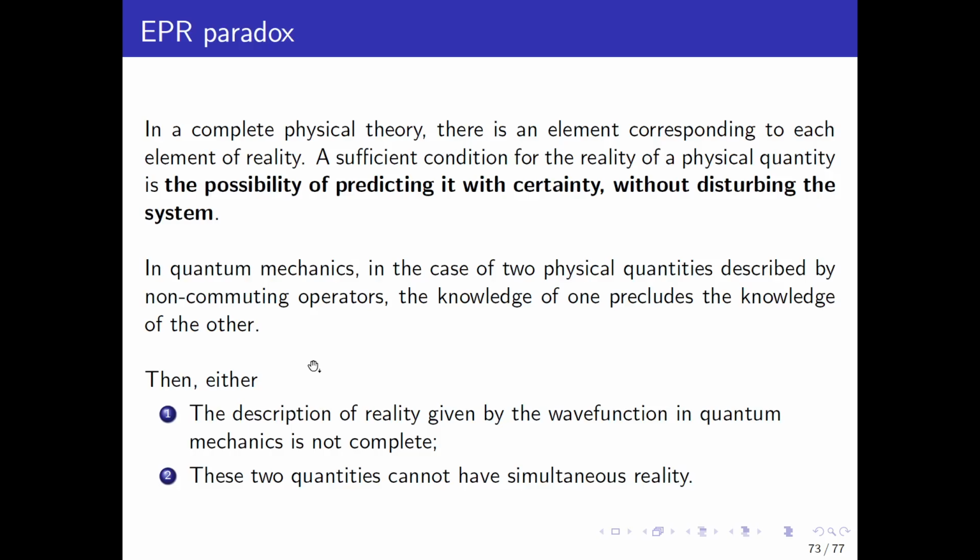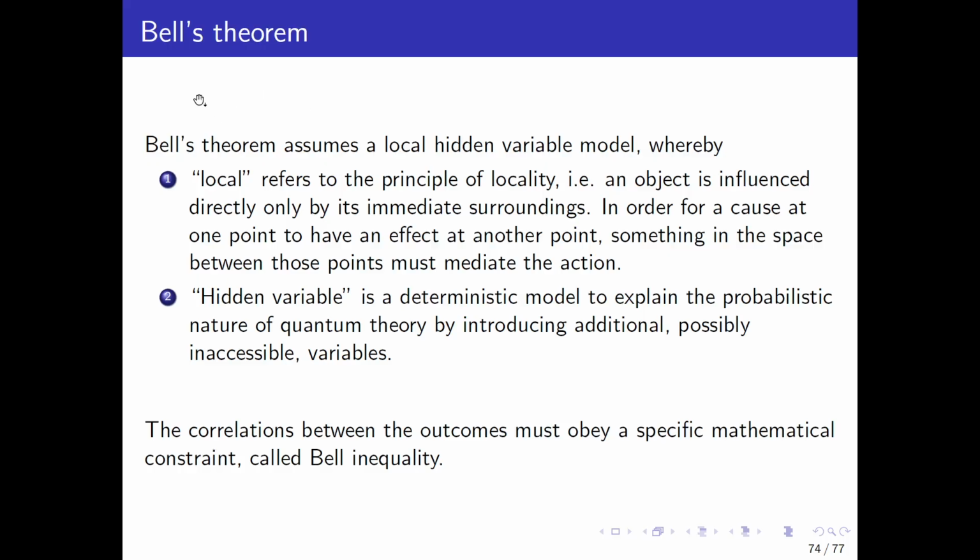The other way to try to overcome this paradox, by Bell, is to assume a local hidden variable model. Just now the assumption was contextuality; now it is about locality. Locality means that when you measure one part, the effects should not be felt by the other parts.